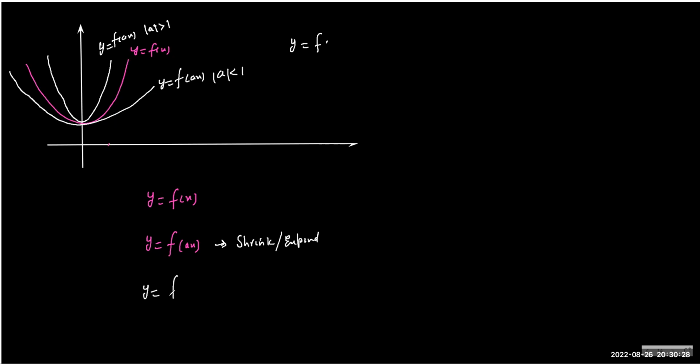Now if I write something like this, f(ax minus b). When you replace x by a difference of some number, you write x minus b instead of x. The meaning is this is called translation.